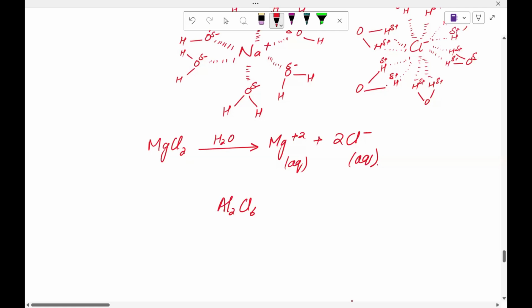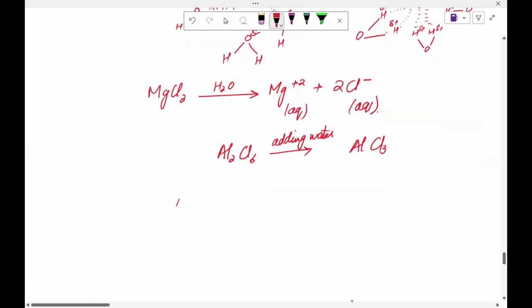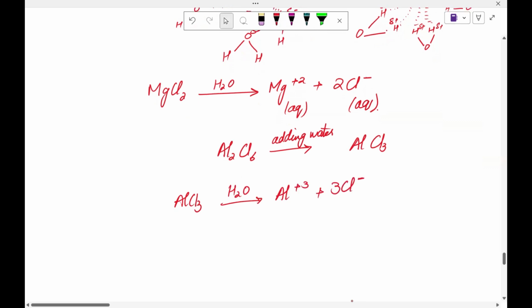If we add water to it, this Al2Cl6 would be converted into AlCl3. Is that clear? And this AlCl3 in water would be converted into its ions, Al3+ plus 3Cl negative. Is that clear? Okay.